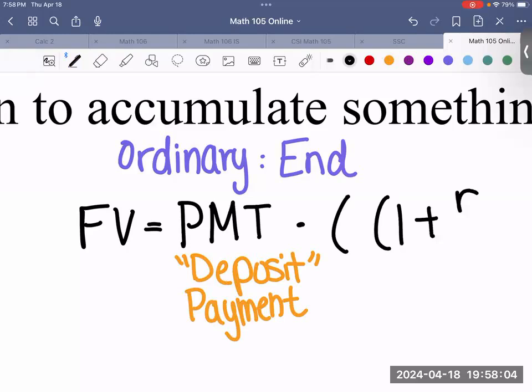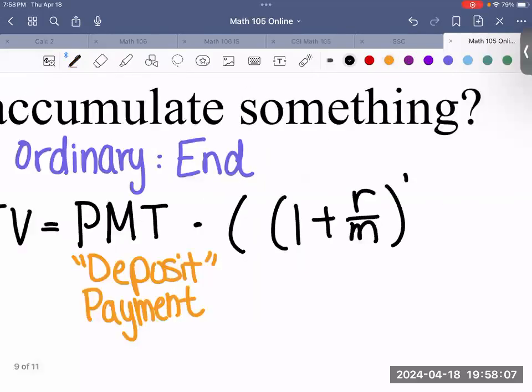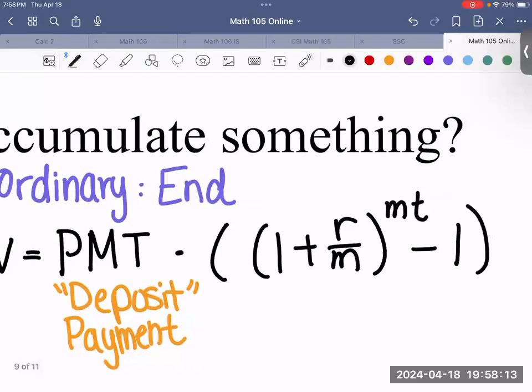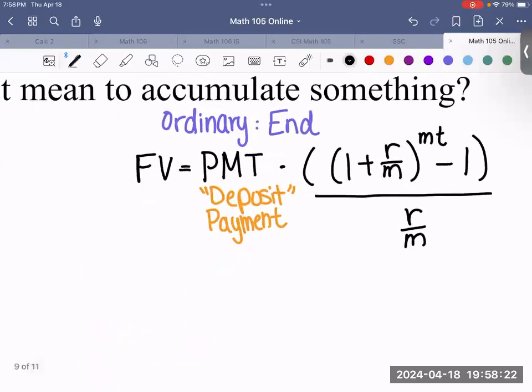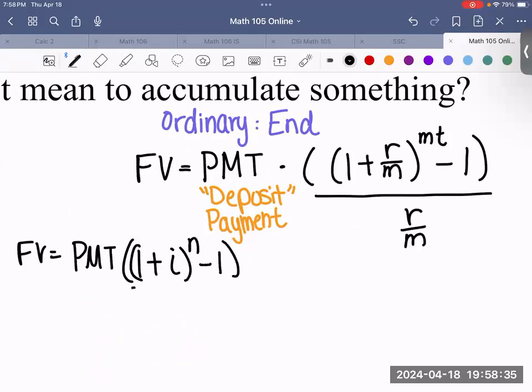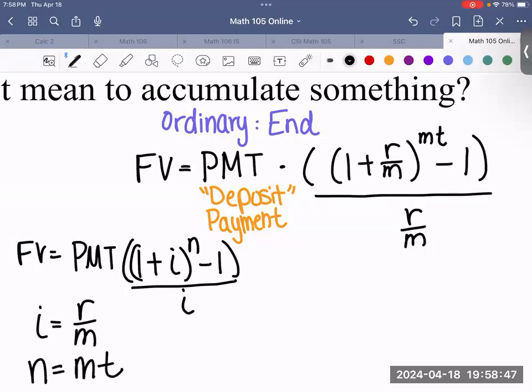So we have 1 plus R over M, to the power of M times T, so that is your compounding, minus 1, all over R over M. Again, you might see this formula a little differently, either in a formula sheet or in your textbook, as PMT times 1 plus I to the N, minus 1, all over I. Keep in mind, if you see that, I is just a fancy way to say R over M, and N is a fancy way to say M times T. So everything else stays the same.